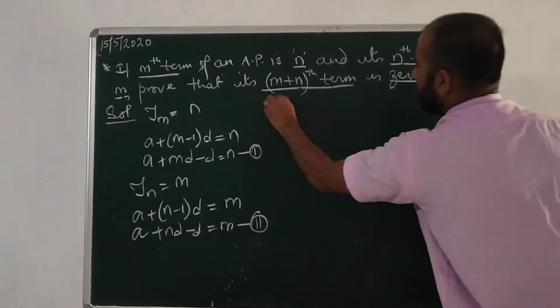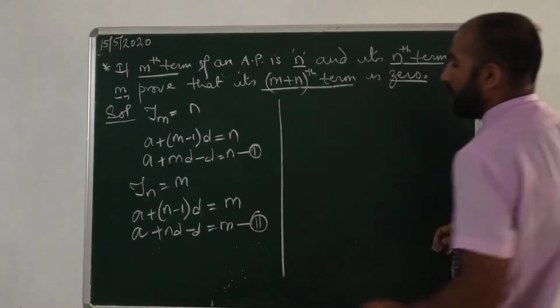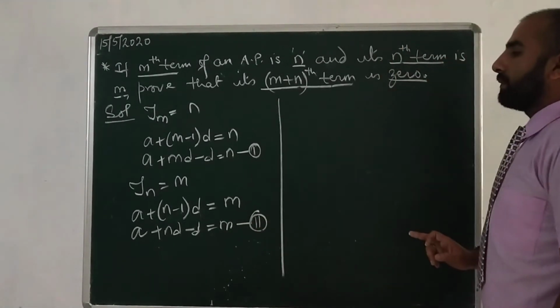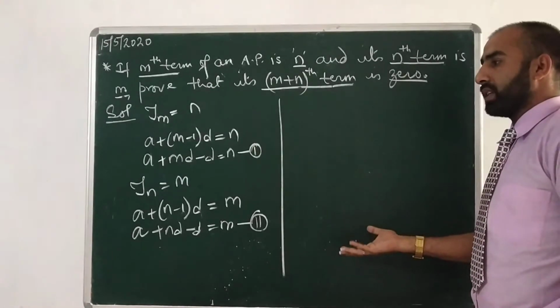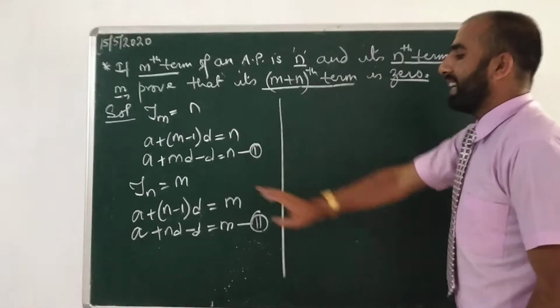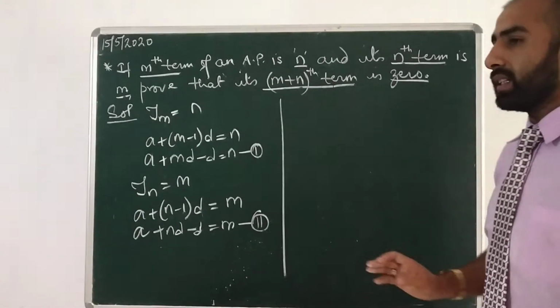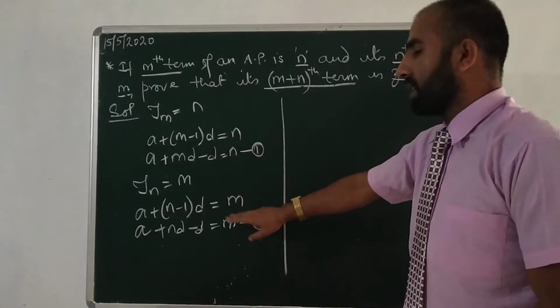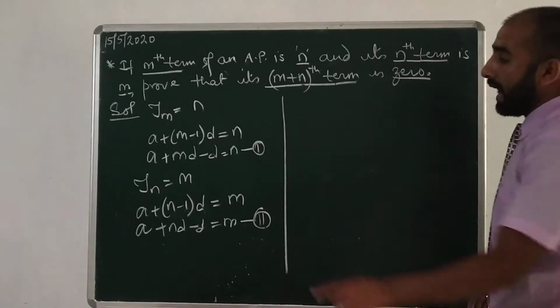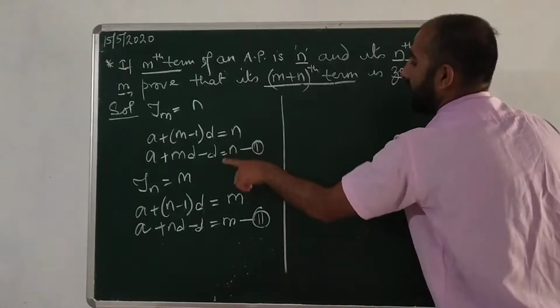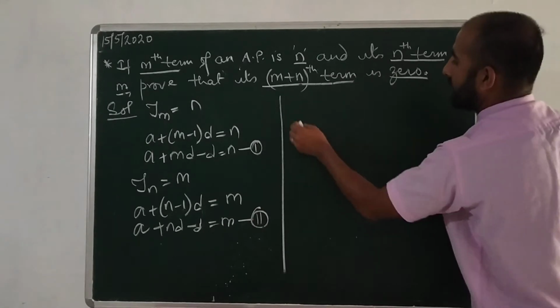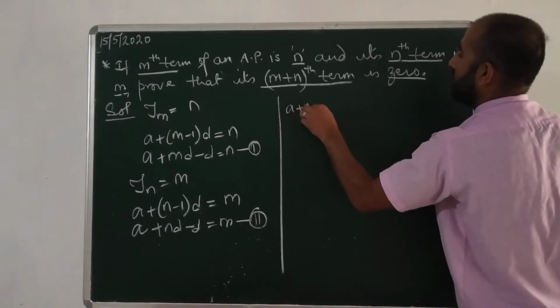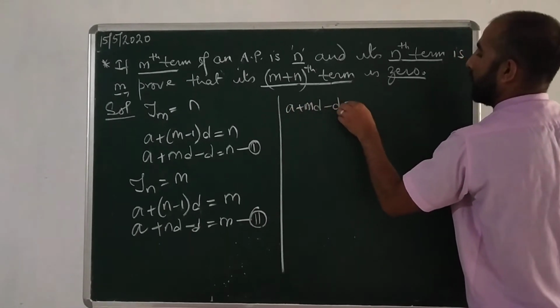Okay, let's solve equation 1 and equation 2. You can choose any method, but here I'm going to choose the elimination method. As we have already done in class 9, how to solve simultaneous equations using various methods. I'll take equation 1: a plus md minus d equals n.